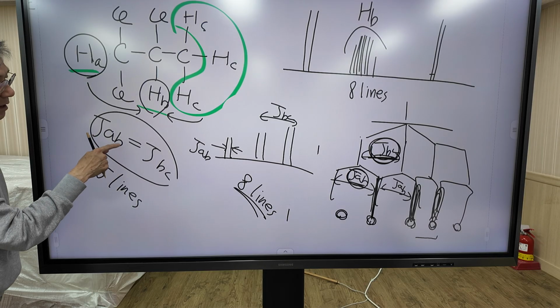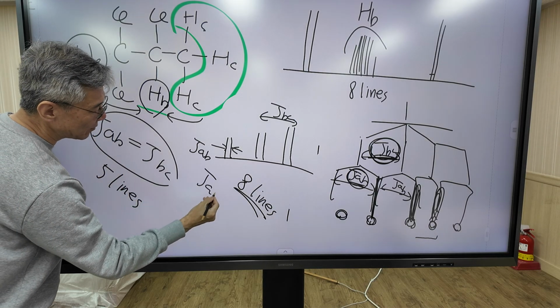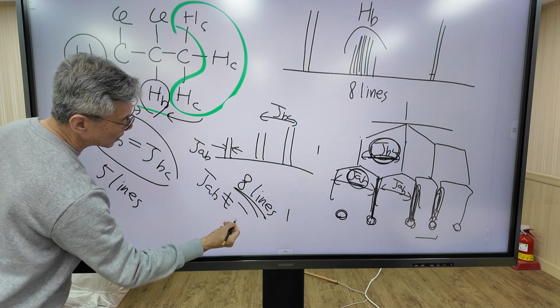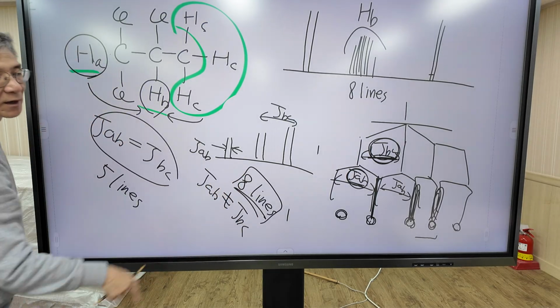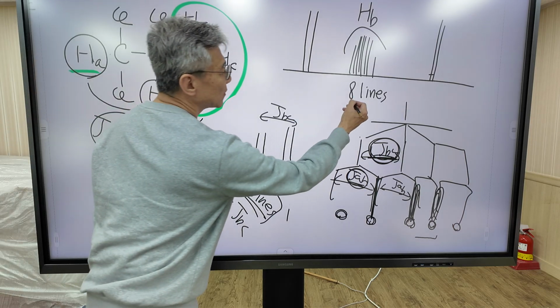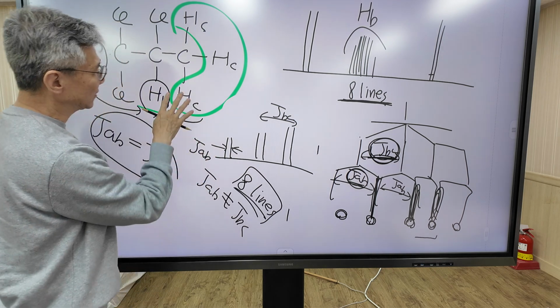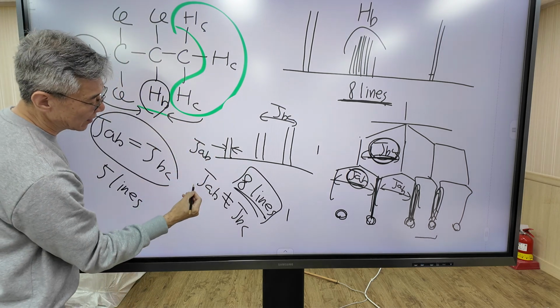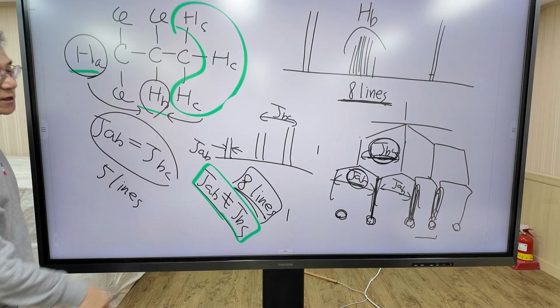But if JAB is not equal to JBC, we observe 8 lines. According to experimental observations, we observe 8 lines. So it means that in this case, JAB is not equal to JBC.